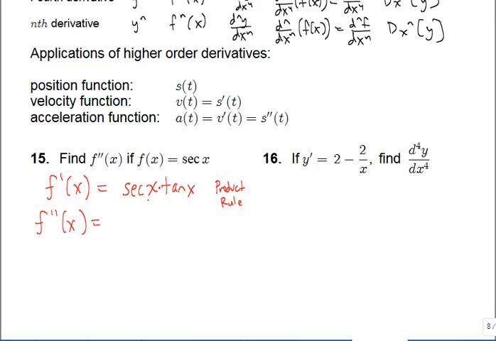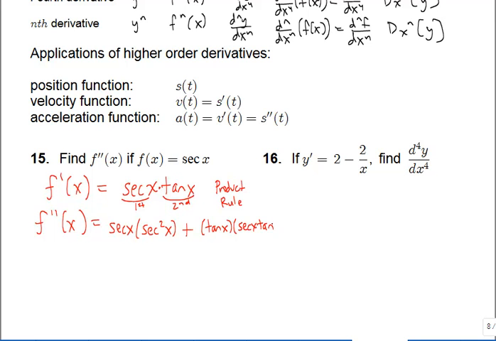So to apply the product rule, this is our first, the secant x, this is our second. So we need the first times the derivative of the second. The derivative of tangent is secant squared. Then we need to add to that, or plus, the second times the derivative of the first. And the derivative of secant is secant tan.